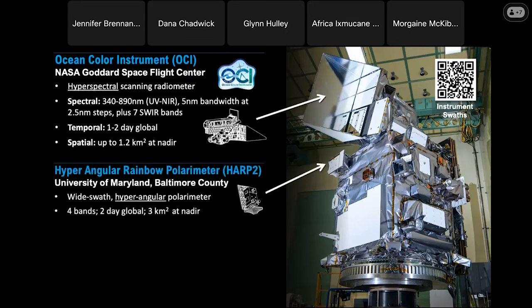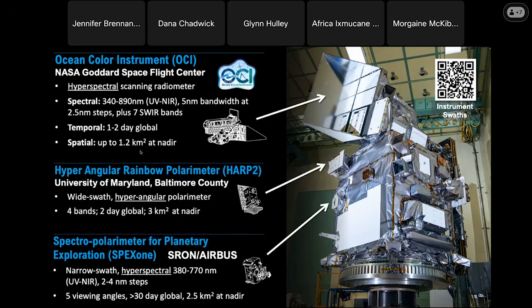We also have these 2 polarimeters, which we won't really be covering today, but just so you know, they're here. We have a hyperangular polarimeter called HARP-2, and also a hyperspectral polarimeter that we call SPEX-1. HARP-2 has a footprint similar to OCI's, and SPEX-1 has a very narrow swath.